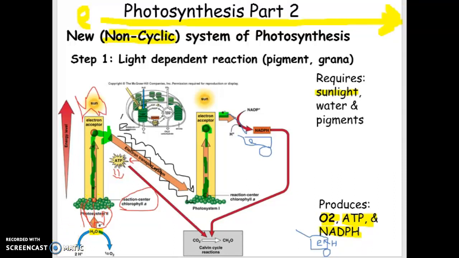Now when you break apart water, you're left with hydrogens, 2 of them, and you're left with oxygens. Okay, so consider what would happen to the pH of this environment if these hydrogens continue to accumulate. pH is a measure of hydrogen concentration.